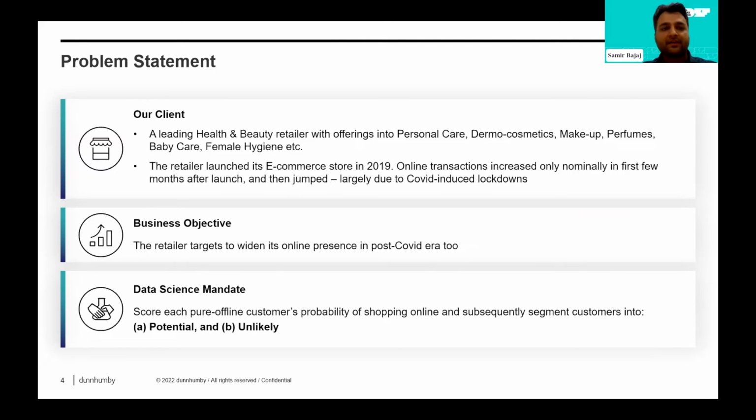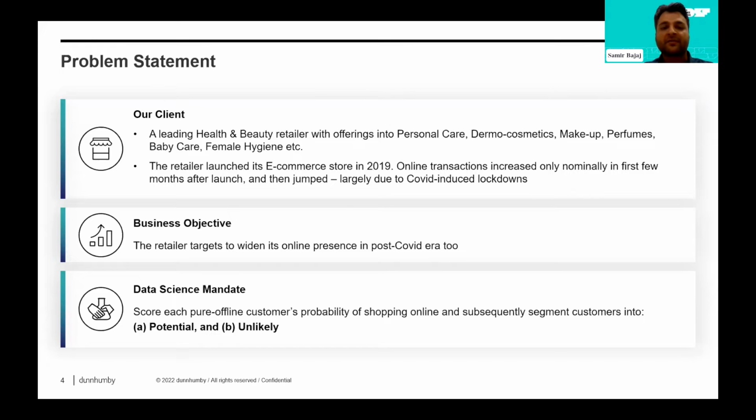So now the retailer is targeting to widen its online presence as it's associated with higher sales and more customer interaction. And consequently, the data science mandate in this objective is to score each and every pure offline customer's probability of shopping online.